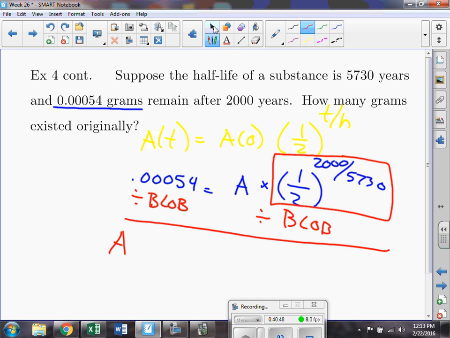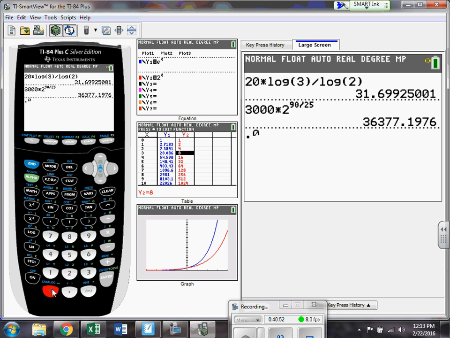So let's run over to the calculator then. 0.00054 divided by, parentheses for 1/2 to the exponent of 2,000 divided by 5730.